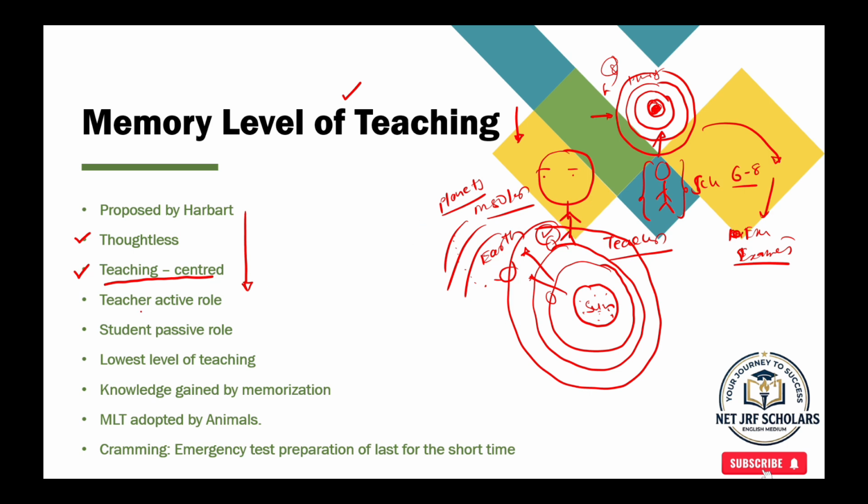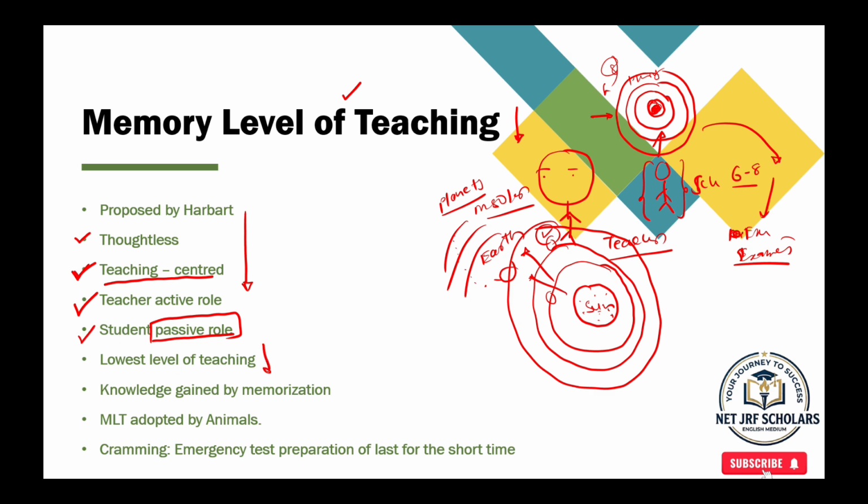That's it. As a result, it is teacher-centered and the teacher has an active role, but the student is not active. The student is just passively getting the information without any proper thinking. As a result, we can say the students are playing a passive role.